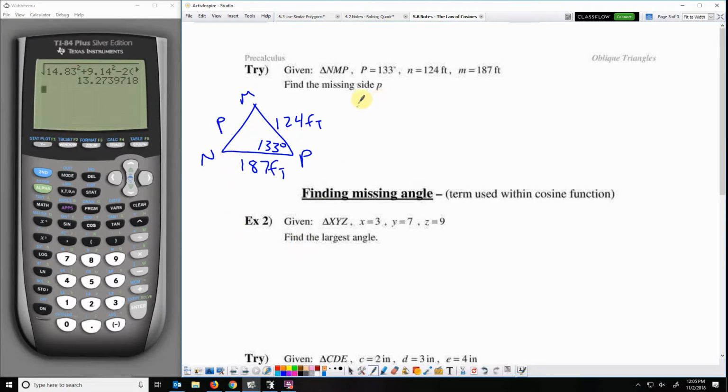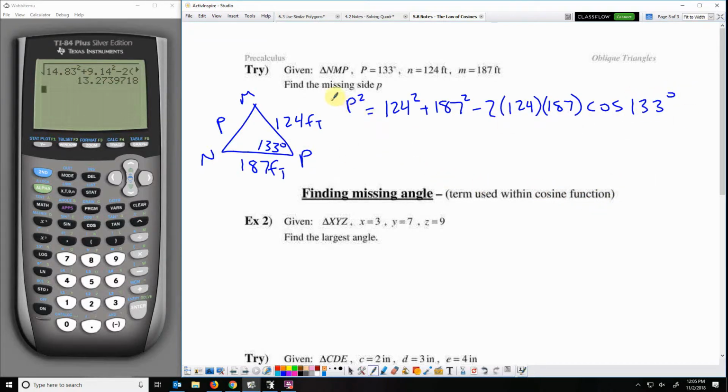So we've got side P squared equals the other two sides squared, 124 squared plus 187 squared, minus 2 times the product of those sides, 124 times 187 times cosine of angle P, 133 degrees.